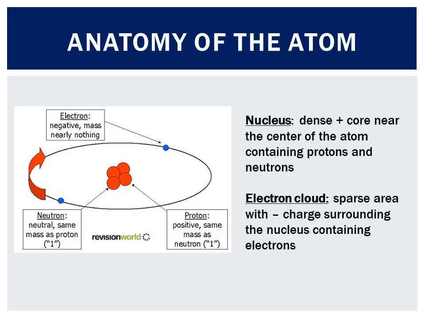And around the nucleus, there's an electron cloud. This is a much more sparse area with a negative charge, and this contains the electrons. So a dense positive core containing protons and neutrons, and a sparse electron cloud containing electrons.